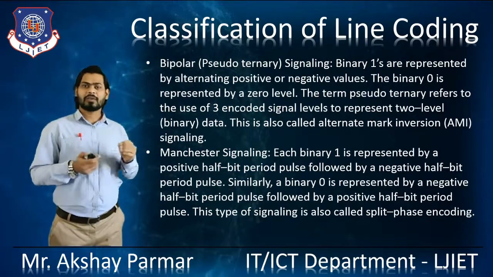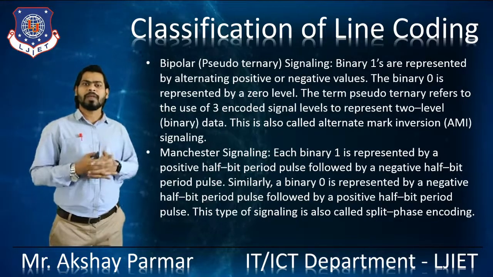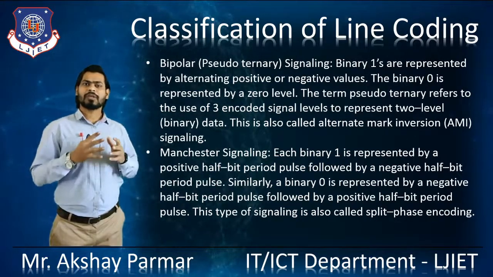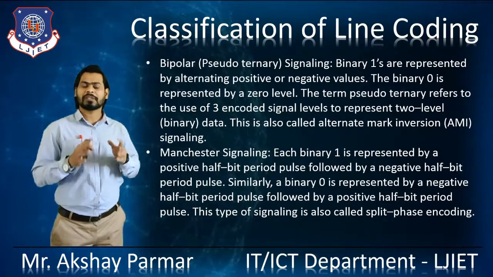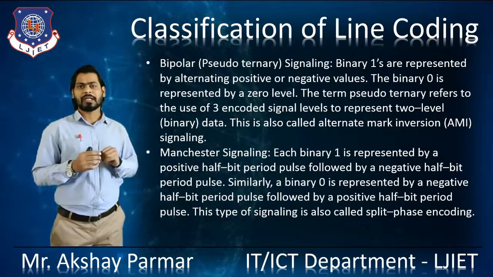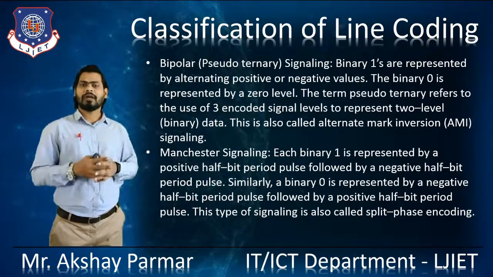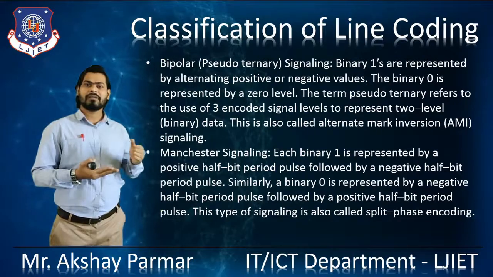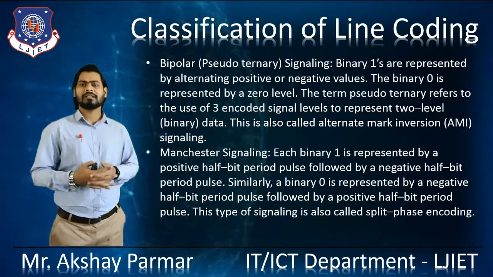The binary 0 is represented by the 0 level. The term pseudo ternary refers to the use of three encoded signal levels to represent two-level binary data, right? This is also called alternate mark inversion, or AMI signaling, right?